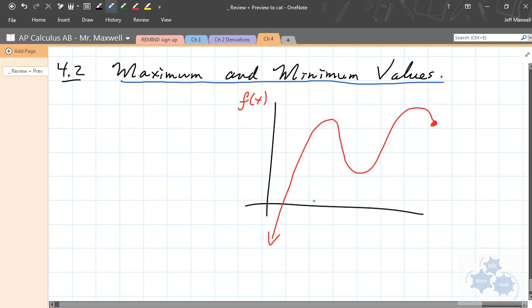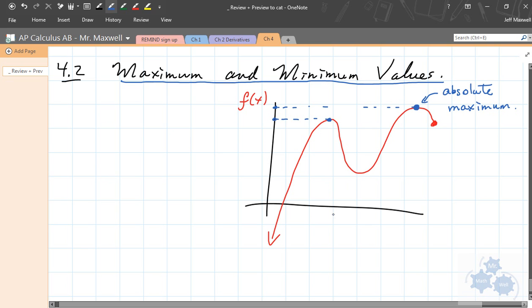You would say, a maximum, we're looking for where the graph reaches the highest point. So this could be the absolute maximum, but it looks like there's a higher point right about here. Do you see how that's a larger y value? So this point right here would be the absolute maximum.